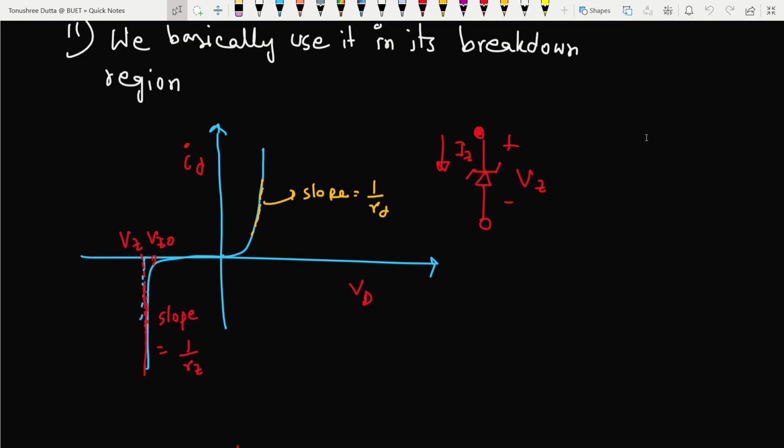So as this rz is pretty small, in the regulation part, the slope part of our regulator, r divided by r plus capital R, where this small r is the small rz, is getting quite smaller, so that slope part is decreasing.